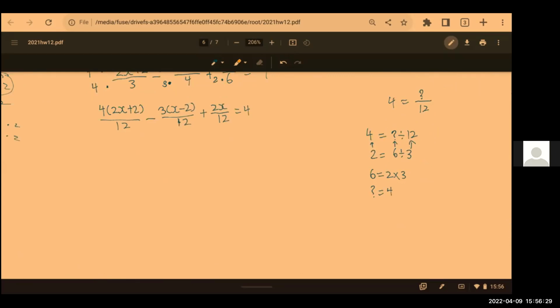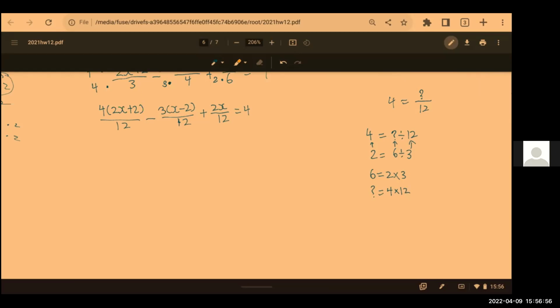Don't anyhow zoom. What's the answer? 48. Double check, see if 48 can get you there. That's how you double check your answer.